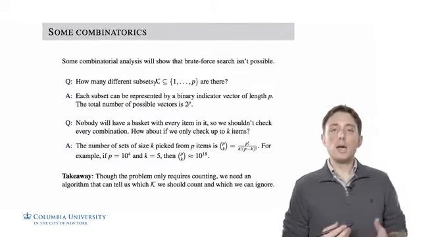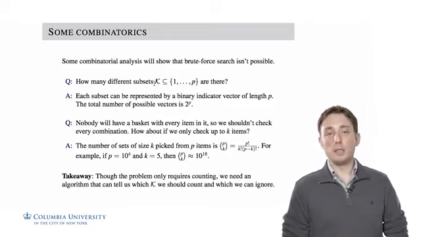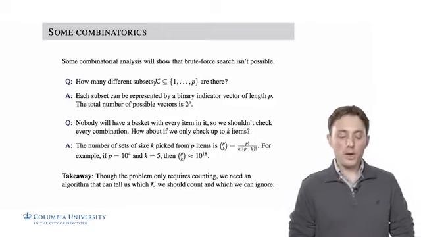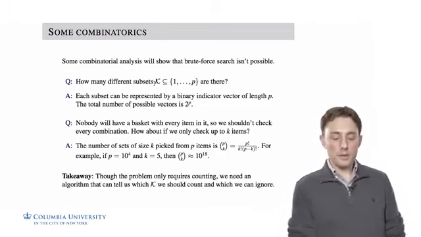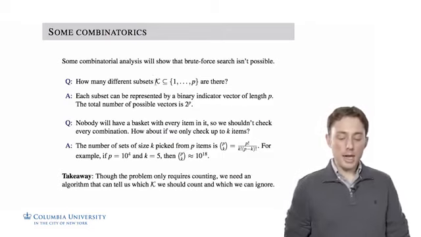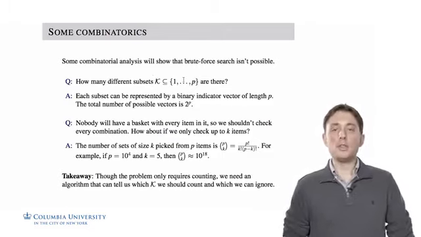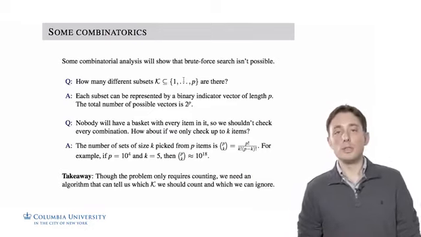So we can do some quick combinatorics to figure out why brute force search is not going to be possible in this case. For example, we can ask how many different subsets of items are there that we could possibly check. So this is saying how many of these subsets k of the integers 1 to p are there that we have to check as a potentially interesting subset of objects.